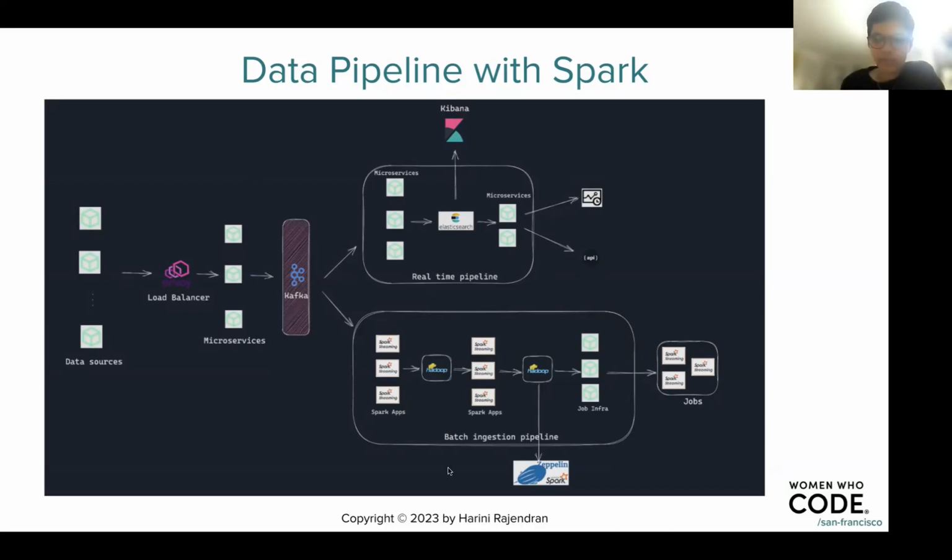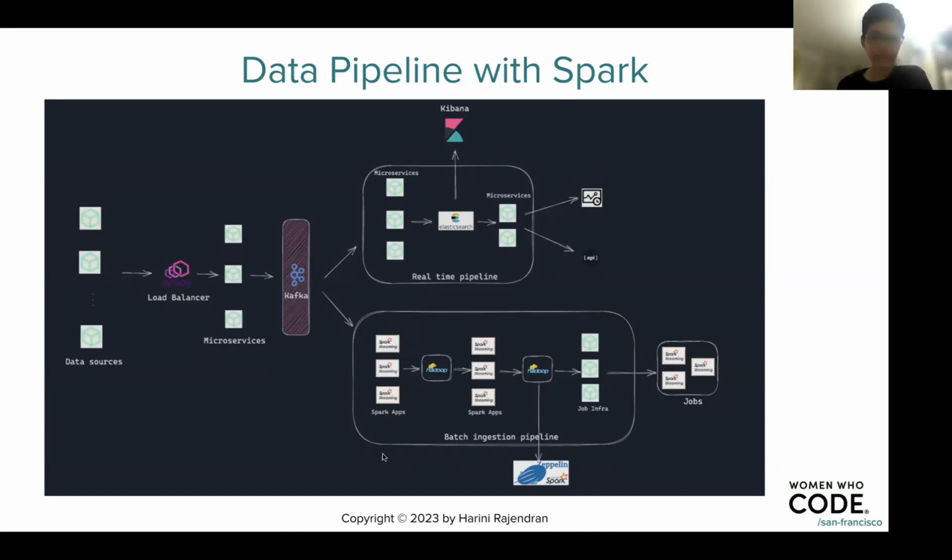But we also had this batch ingestion pipeline, where again, we had a set of Spark applications that were reading data from this Kafka cluster. They did some initial cleaning and transformations, and stored the output of those results in a Hadoop distributed file system.